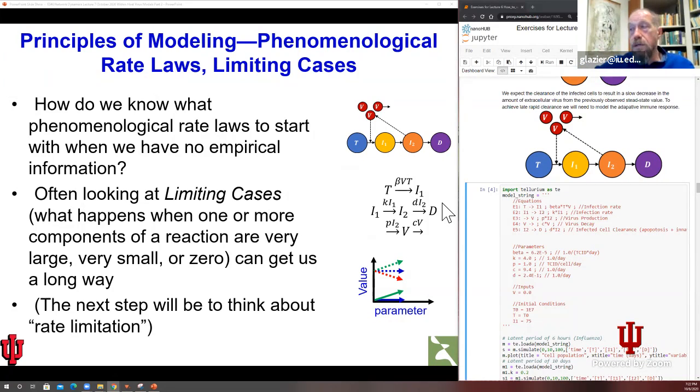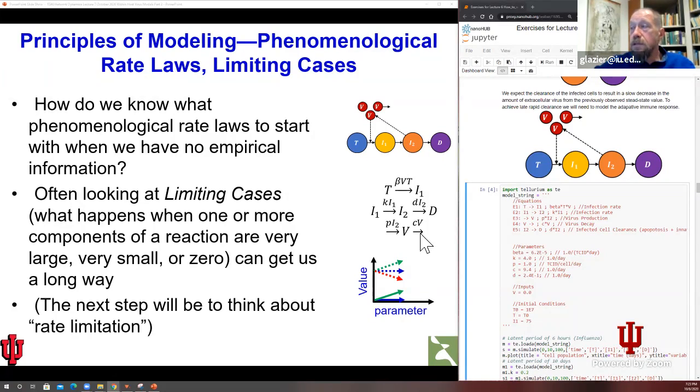But if we just focus on the 0, the simplest thing we can ask is, does the rate go to 0 as the variable or parameter goes to 0 or not? The rate of infection of our susceptible cells, if there's no virus, has to be 0. You can't be infected if there's no virus. On the other hand, there could be other situations in which we had a rule where the rate didn't go to 0 when a parameter went to 0.